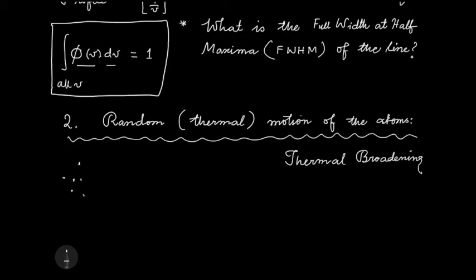Now this is not happening because of one atom. So what thermal motion gives you: say I have these gas particles. These are the two-level systems, which are the gas particles moving around, and they have random velocities in different directions. So when I look at each one of them, they will emit at exactly nu zero frequency, say, or absorb at the frequency nu zero.